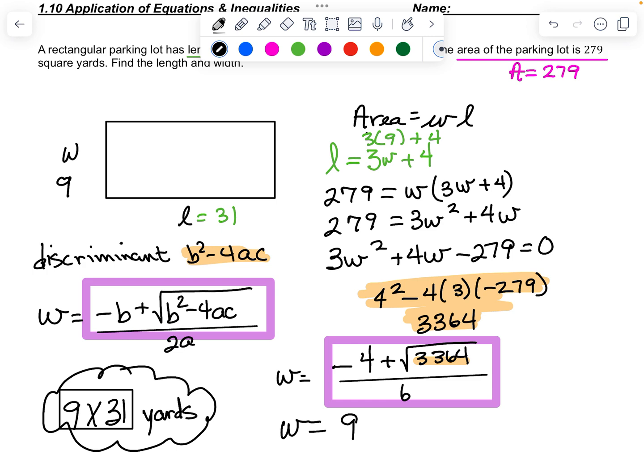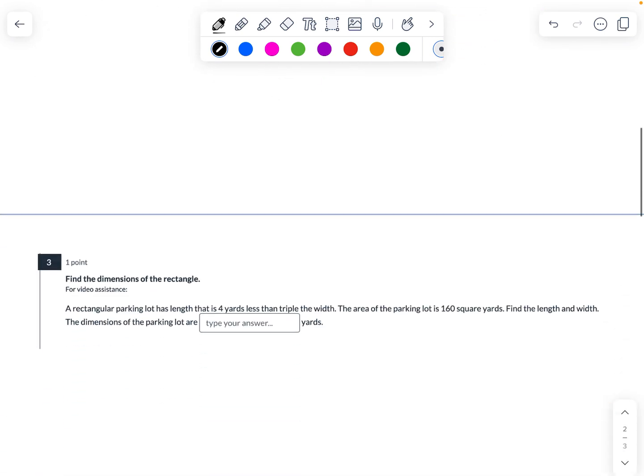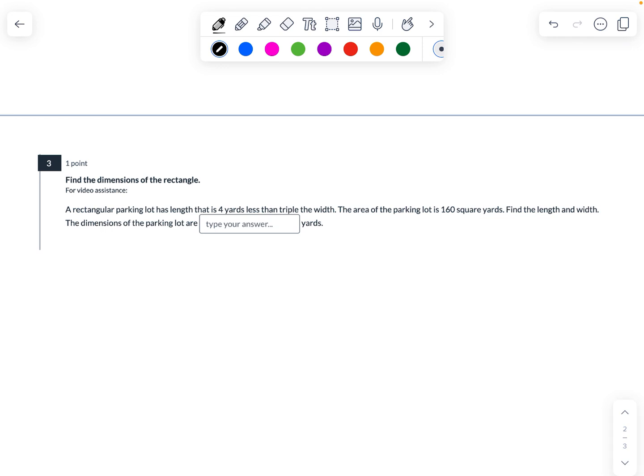Okay, let's try another. A rectangular parking lot has a length that is 4 yards less than triple the width, and the area is 160 square yards.